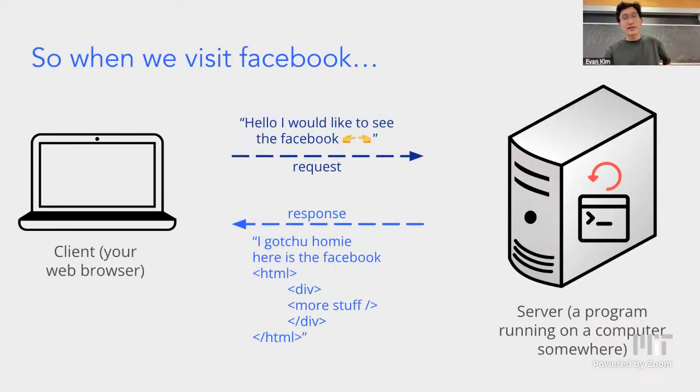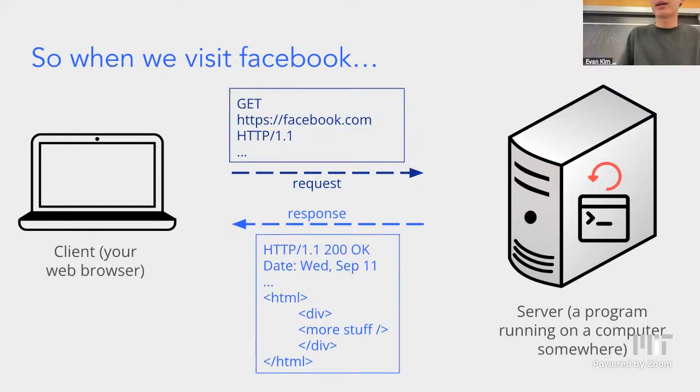So here's the model again we had, where the client says, hey, I want to see Facebook. The way that this is written in code is like this. This is an HTTP request. There's this method name at the top. It says GET, which means that we're asking for something from Facebook.